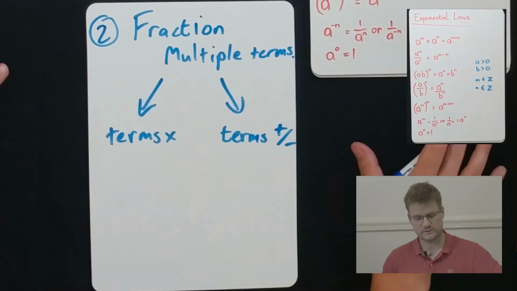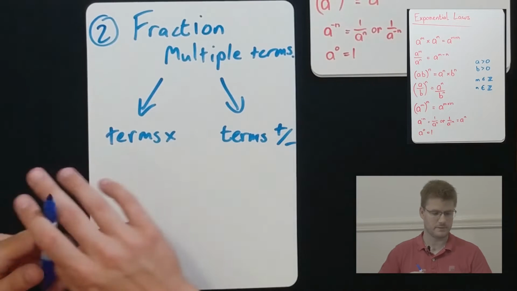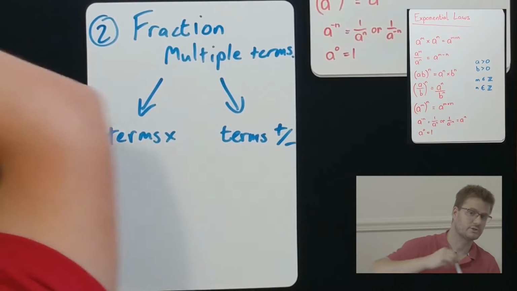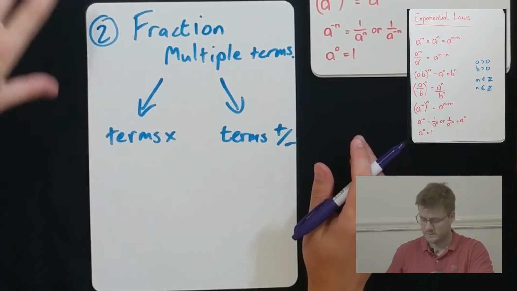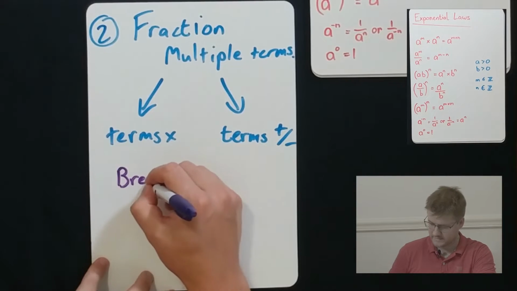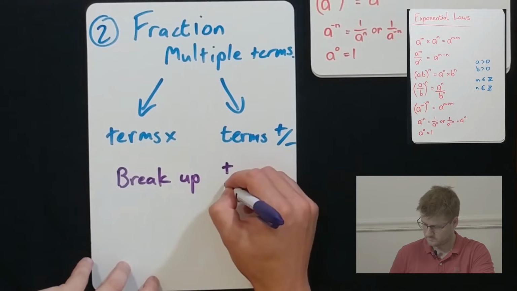So the best way to explain these is to go through examples. But there are two main things I want you to remember when considering these questions. The first one is that we generally want to break up any exponents that are added or subtracted.